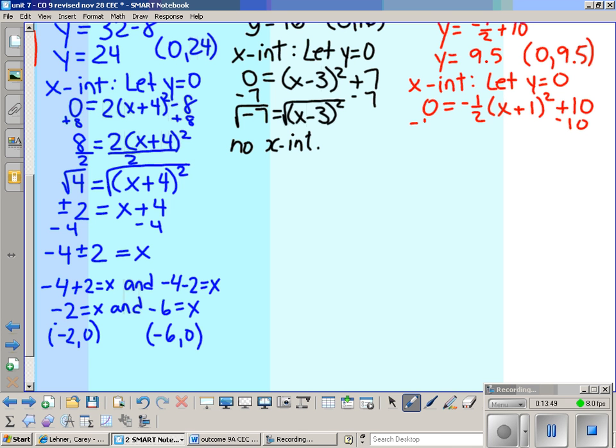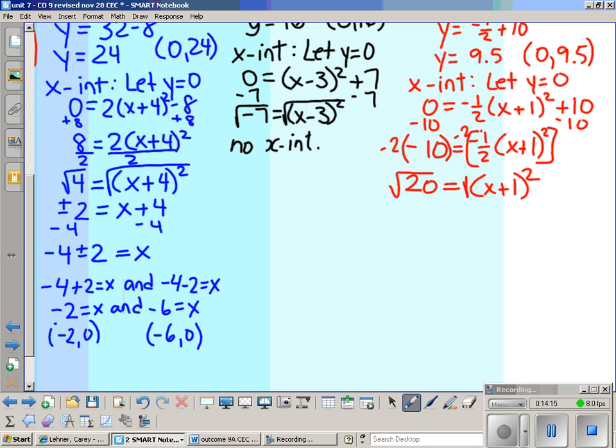We're going to start by adding or subtracting our q value. Now, when we have a fraction, we are going to multiply, and I'm going to multiply by negative 2 because that's going to eliminate everything that's in front of the brackets. So I'm going to have 20 equals x plus 1 squared.